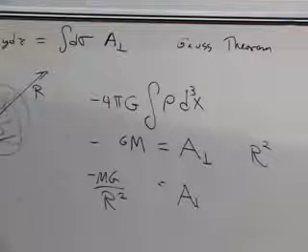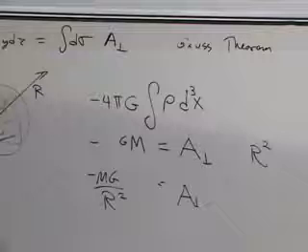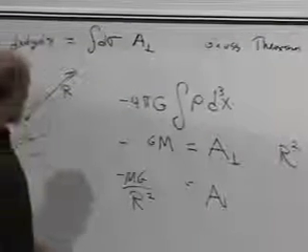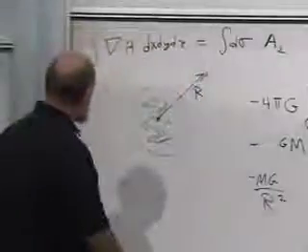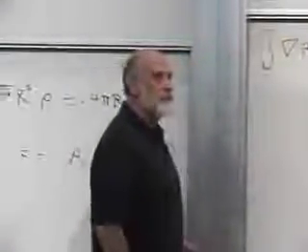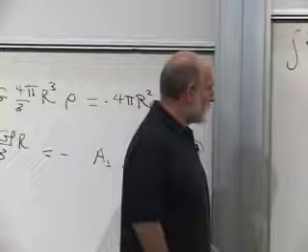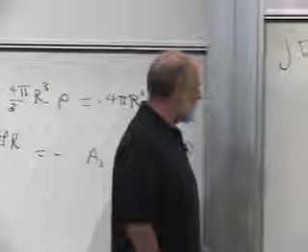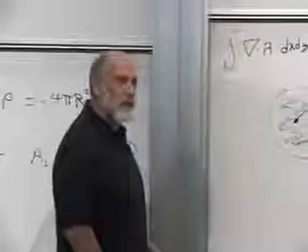The mass of the Earth is 4/3 pi r cubed times rho. So on one side you have a 4 pi, and on the other side you don't. Is that good or bad?